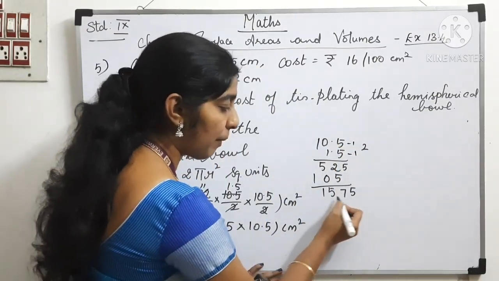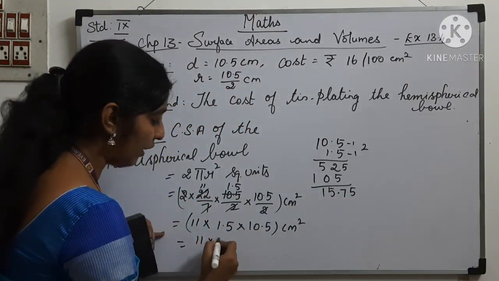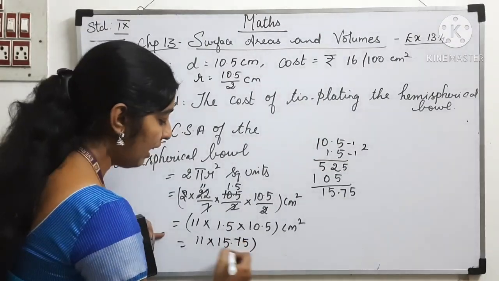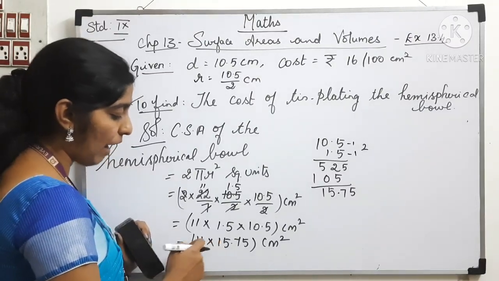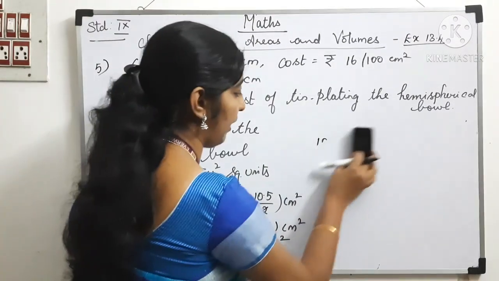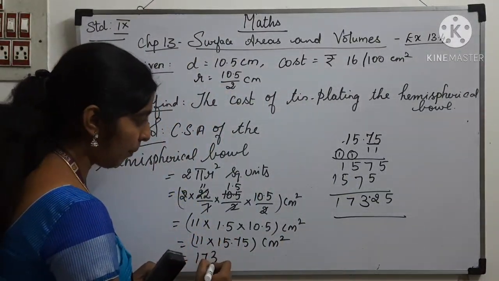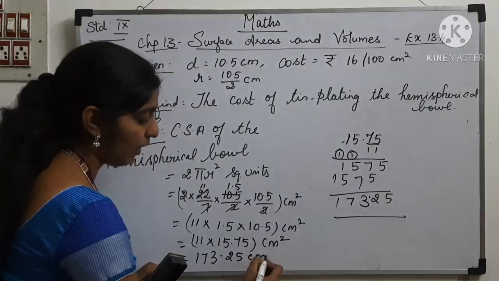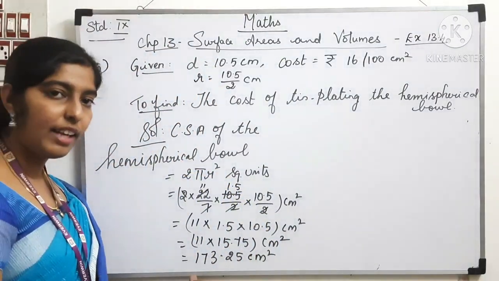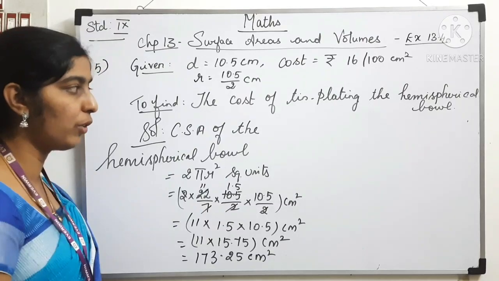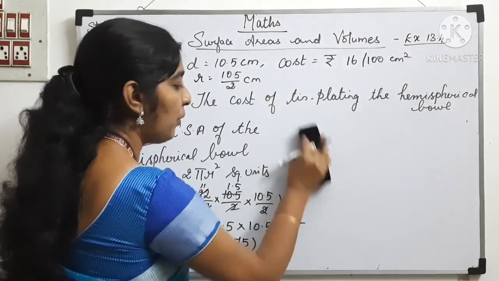So from the back we place the decimal: 15.75. So it is 11 into 15.75 centimeter square. Now we multiply 11 into 15.75, which is 173.25 centimeter square. Therefore, the curved surface area of the hemispherical bowl is 173.25 centimeter square. Now we have to find the cost of tin plating this hemispherical bowl.